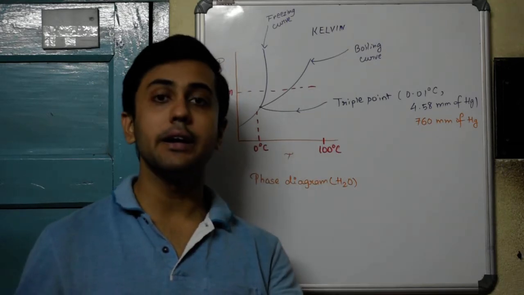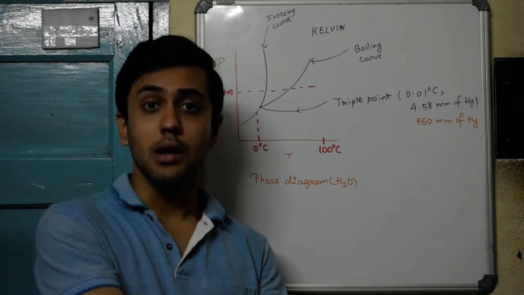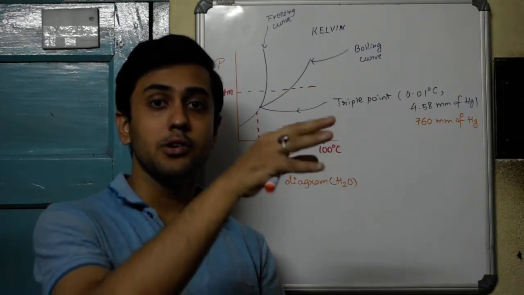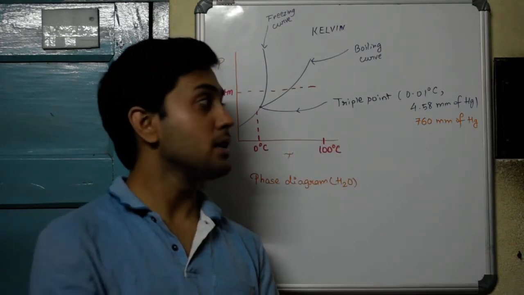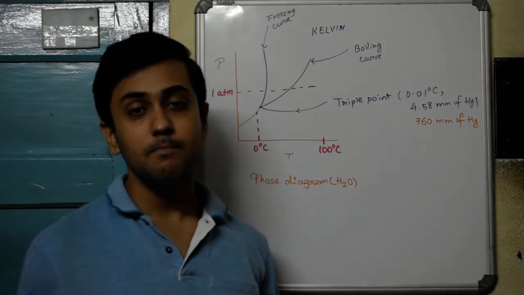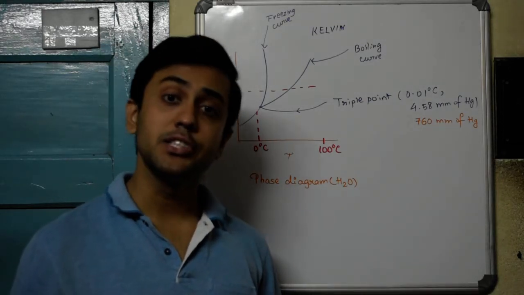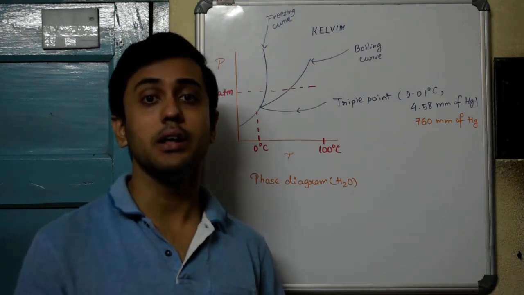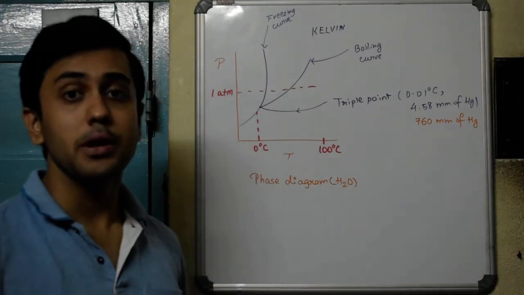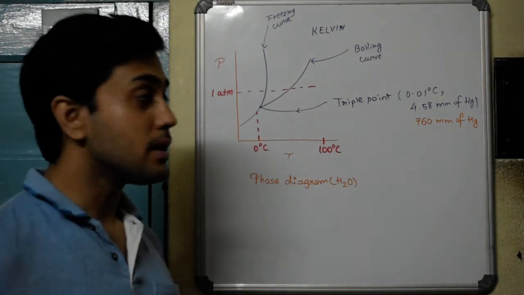If you have a container in which you take some water and in some manner bring the temperature and pressure of that container to this value, you shall get ice, steam and water all together. That is the meaning of triple point, and that's very fascinating.